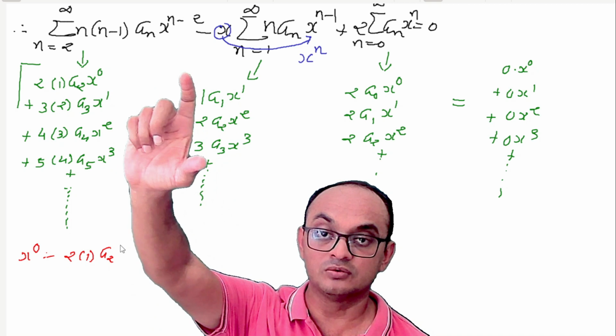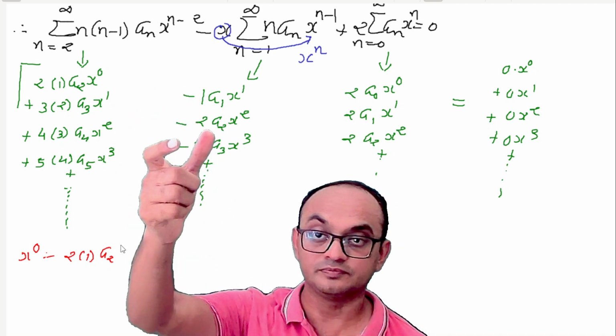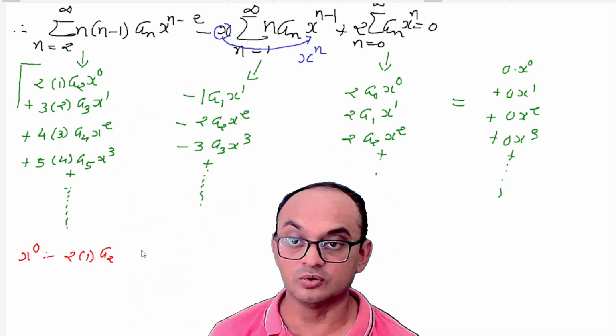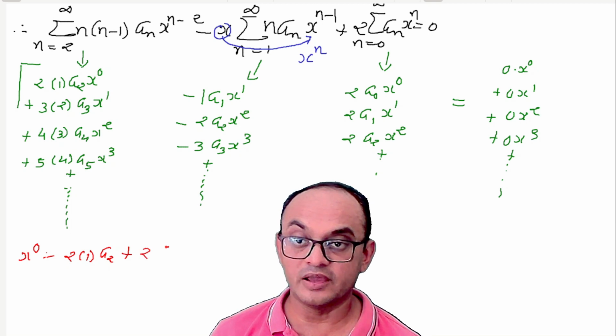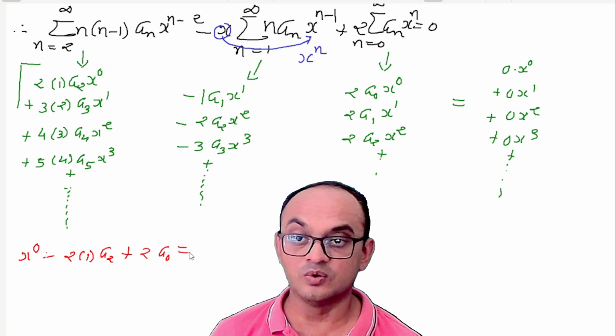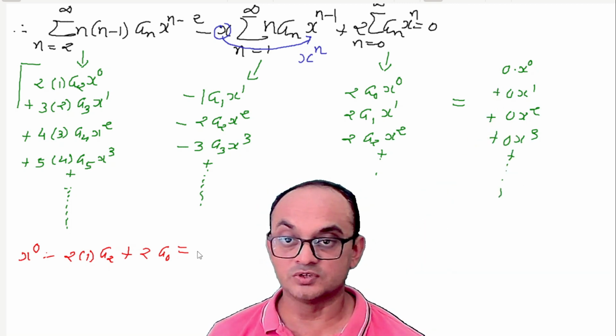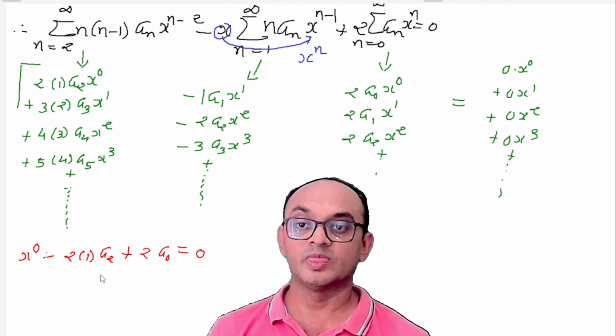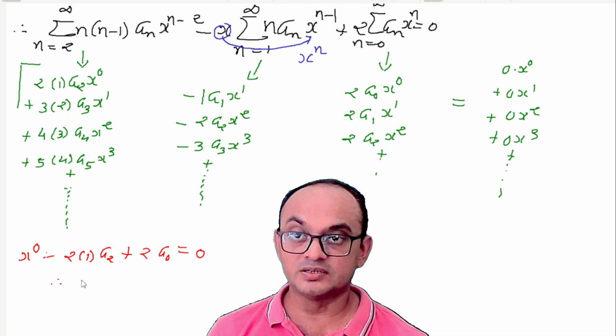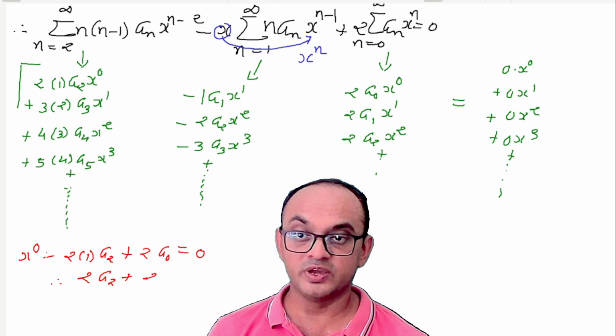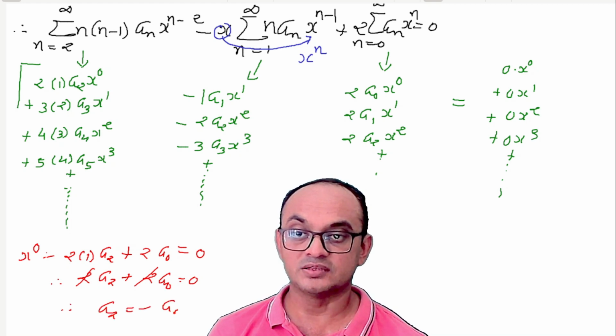I mean, there is no constant term here. So plus 2 times a0 is equal to what is the constant term here? 0. So equal to 0. And this is nothing but 2a2 plus 2a0 equal to 0. So I can cancel out 2 and 2, and therefore a2 is equal to minus a0.